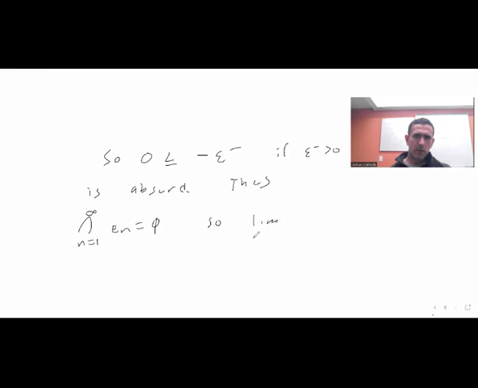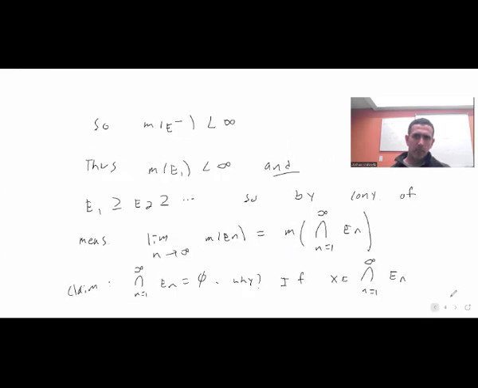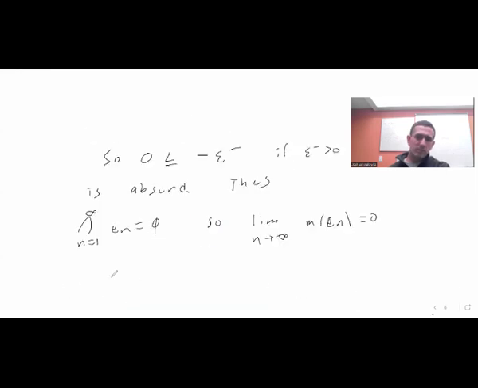Okay, and again, why do I care? I want this limit to be 0. Right, and by continuity of measure, the limit is the measure of the intersection, which is the measure of the empty set, which is 0. So we get the limit is 0.